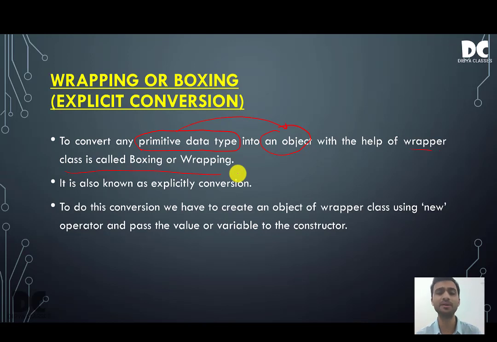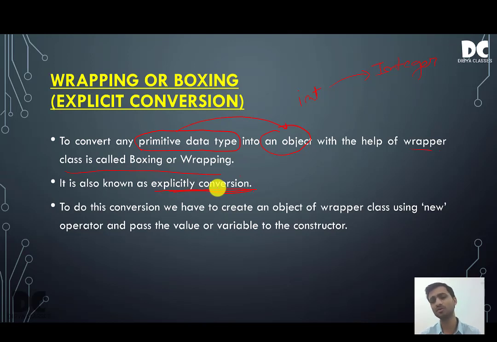Means converting primitive data type to object. Means here, for example, from int to Integer, right? From int to Integer, then we'll say it as wrapping or boxing. It is also known as explicit conversion.